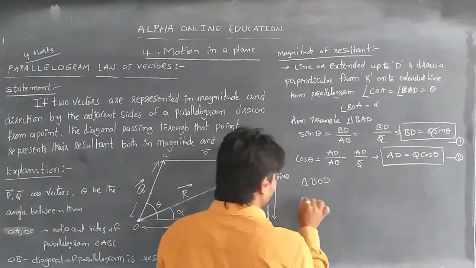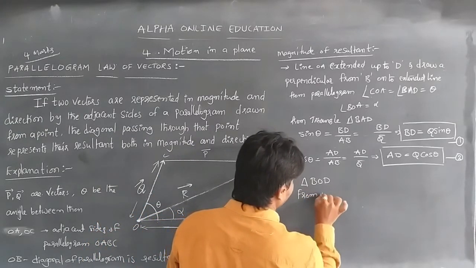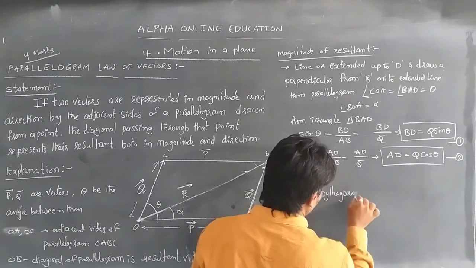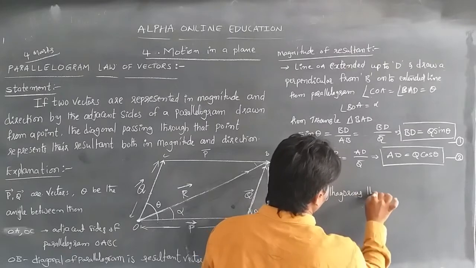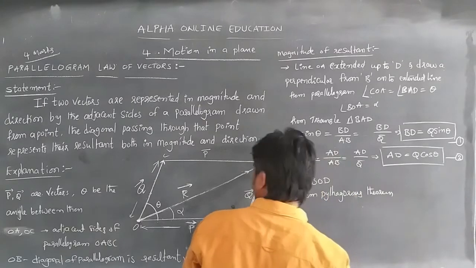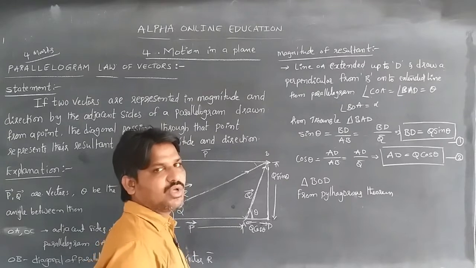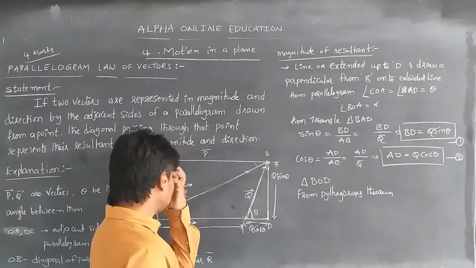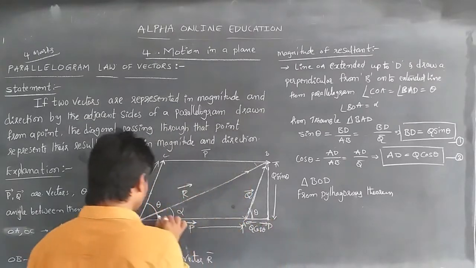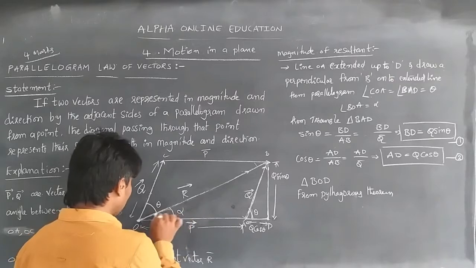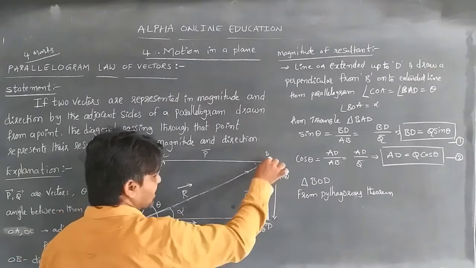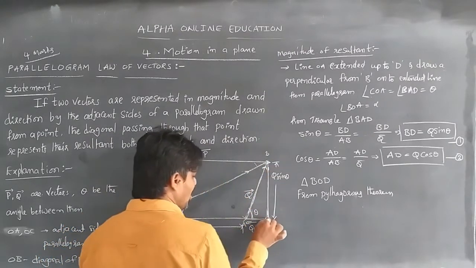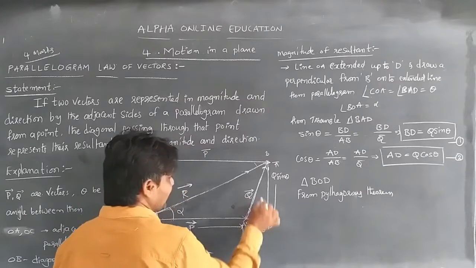From the Pythagoras theorem we know that hypotenuse square is equal to opposite square plus adjacent square. The opposite relates to alpha, the angle between the resultant and the x-axis. So BD is the opposite, OD is the adjacent, and OB is the resultant.